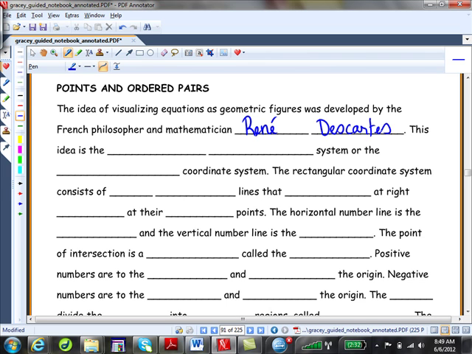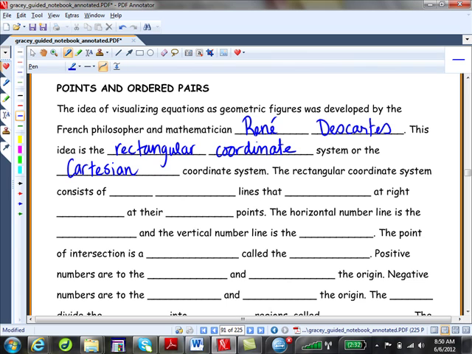This idea is the rectangular coordinate system, or the Cartesian coordinate system. So actually there's an A there. So if you make up your own math and it happens to be true, you get to name it after yourself. So here we go.